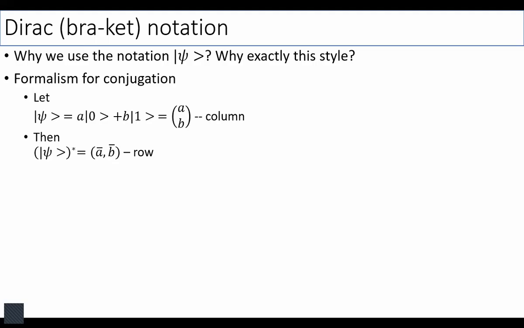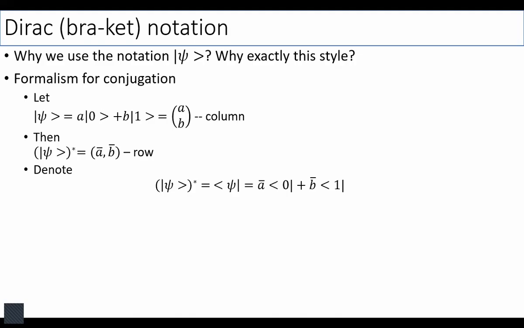You make a complex conjugation of those numbers and transpose the column into a row. I would like to have a notation for this row of complex numbers, also in the style of quantum state notation. It's not a quantum state, it's something different.